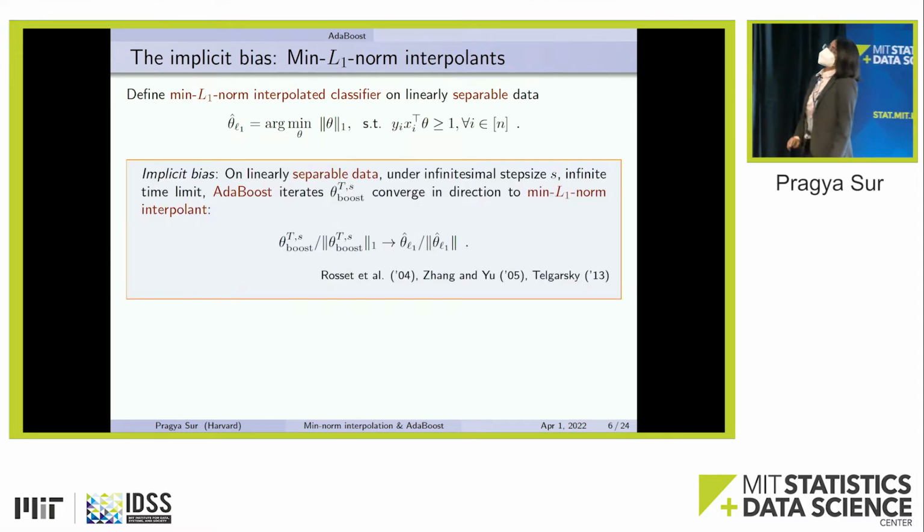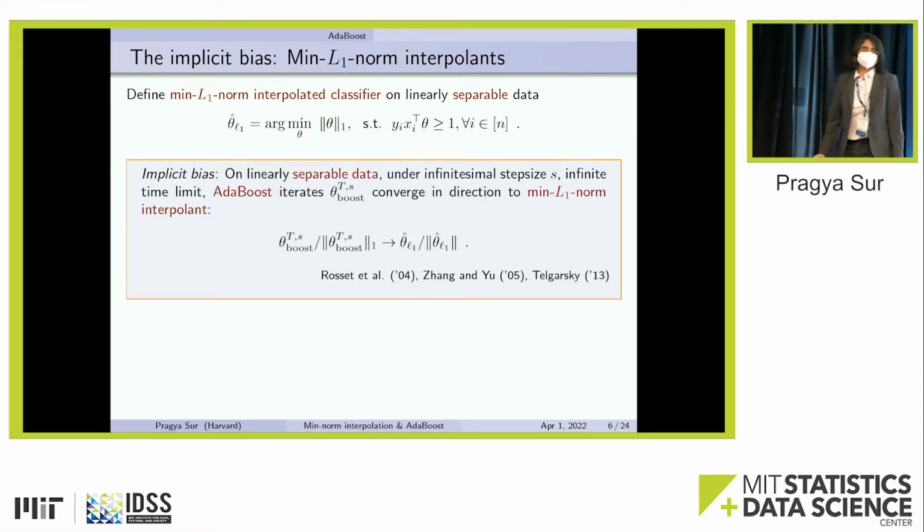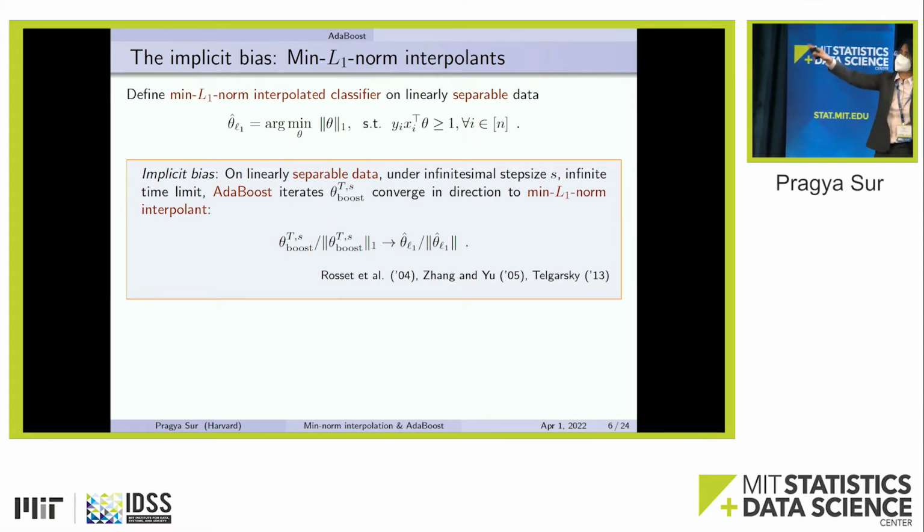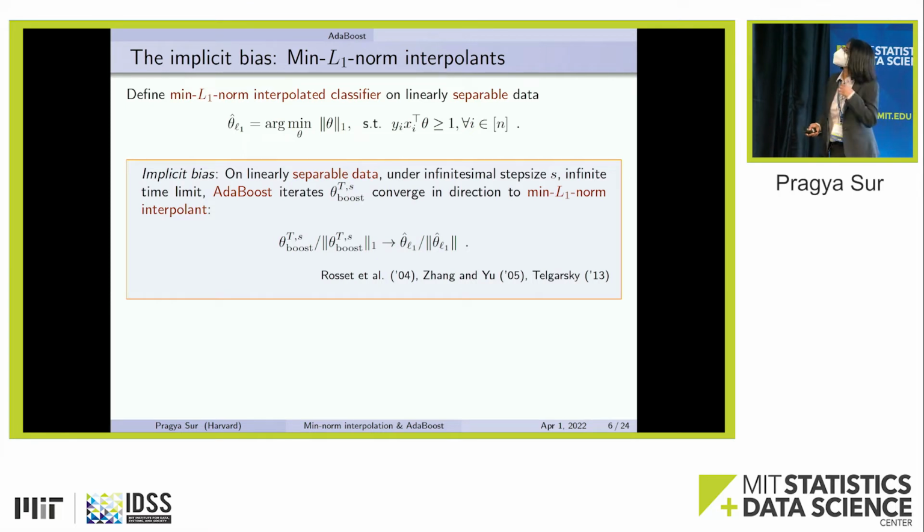So why am I introducing this? I'm introducing this so that I can present a famous result due to Zhang and Yu and Rosset et al. Later, Telgarsky has worked on this as well. It says the following.